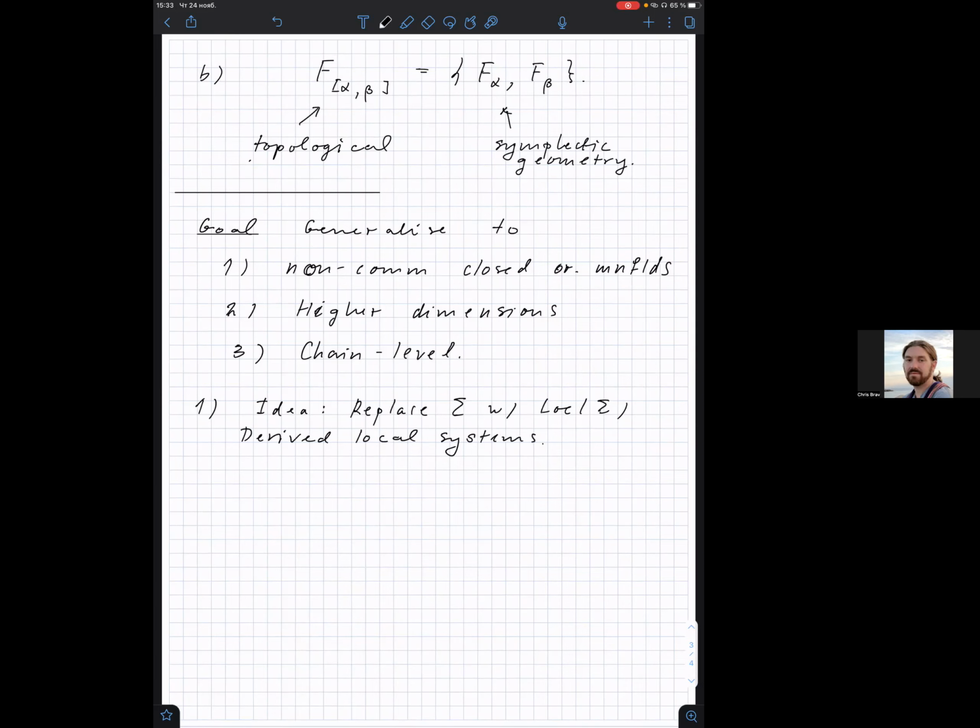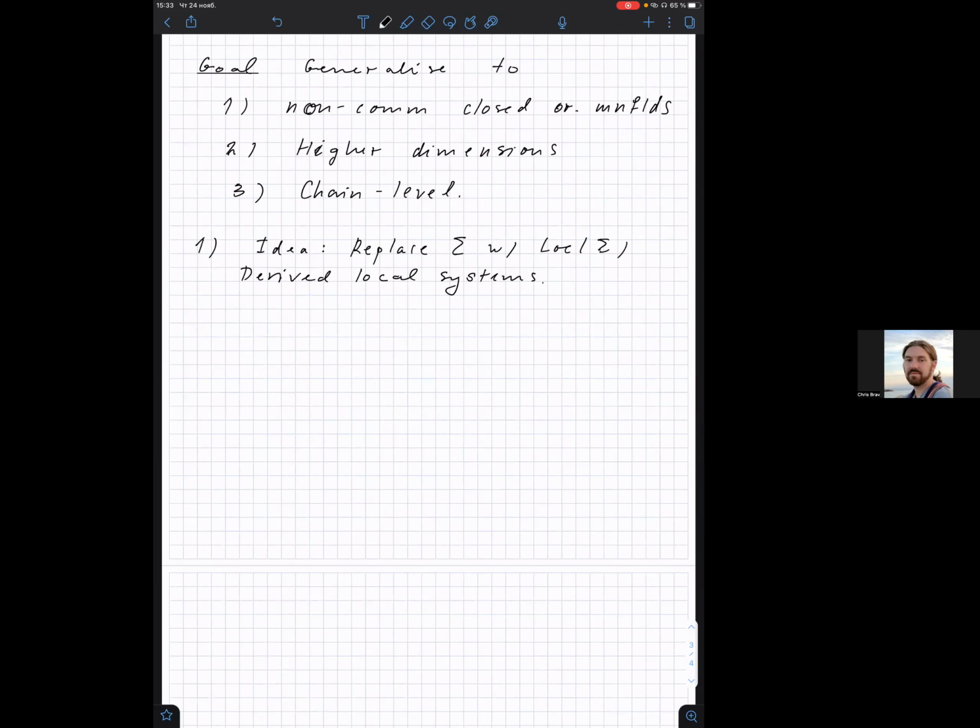And so you could think of those topologically as local systems of finite dimensional complexes of vector spaces, or as DG modules over the fundamental group. And I need a replacement for the orientation.